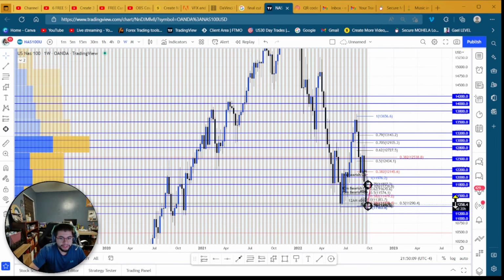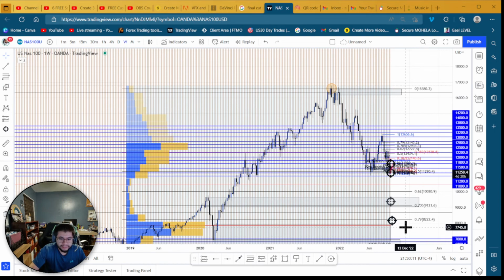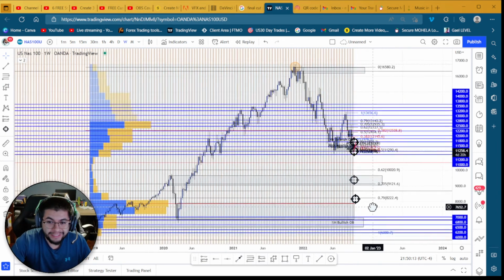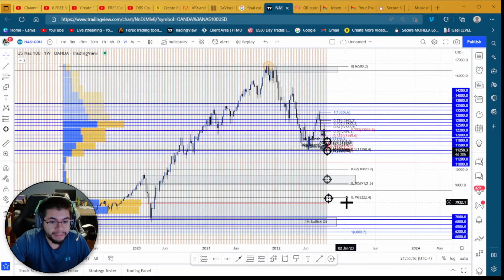And we know that there should be some more support along this line of 7,800. So that's a really big drop. But I feel like there's a lot of orders that could be accumulated right here for the longer term move.